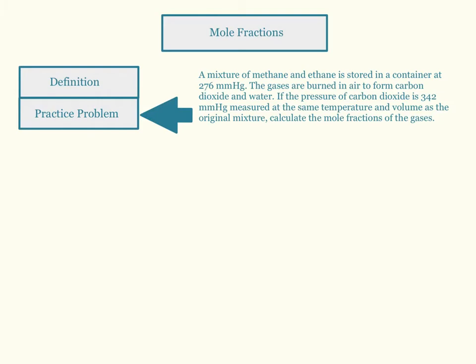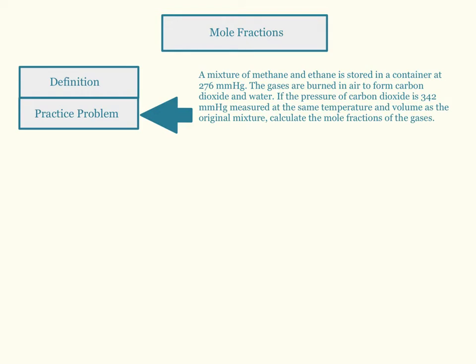A mixture of methane and ethane is stored in a container at 276 millimeters mercury. The gases are burned in air to form carbon dioxide and water. If the pressure of the carbon dioxide is 342 millimeters mercury, measured at the same temperature and volume as the original mixture, calculate the mole fractions of the gases.